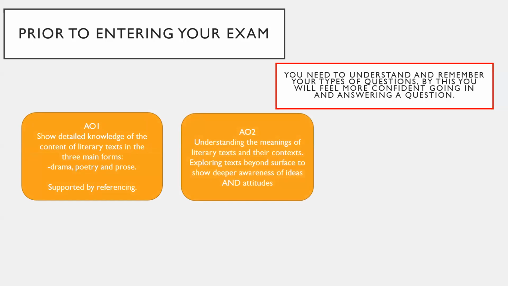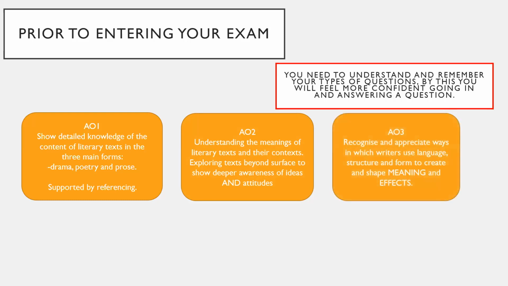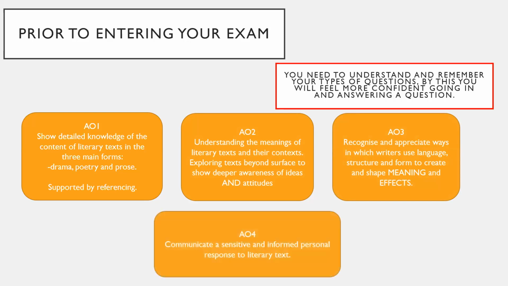AO2 is understanding the meanings of literary texts and their content and context, and exploring texts beyond the surface to show deeper awareness of ideas and attitudes. AO3 is recognizing and appreciating ways in which writers use language, structure, and form to create meaning and effects. And AO4 is communicating a sensitive and informed personal response to the literary text.